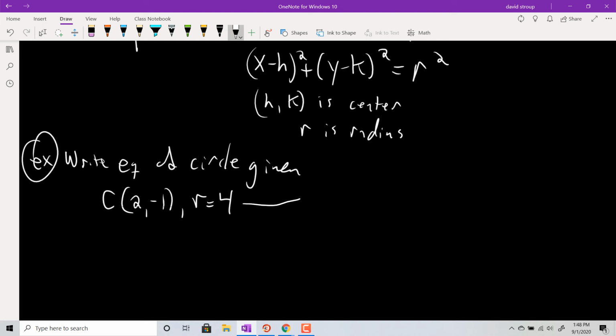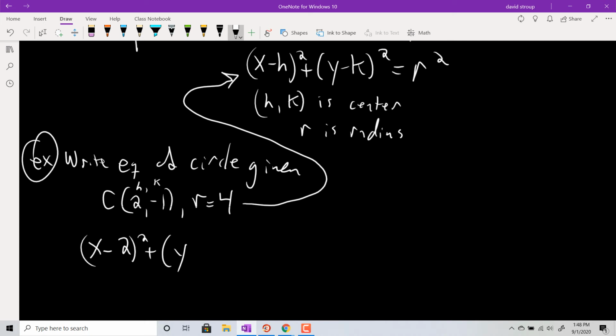So what are we doing? We're plugging this information into this formula here. So we'll have x minus h, so this is h, this is k, x minus 2 squared plus y minus -1 would be y plus 1 squared equals 4 squared, which is 16, and that'll be our equation.